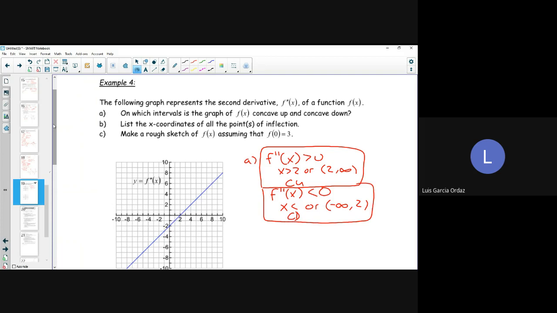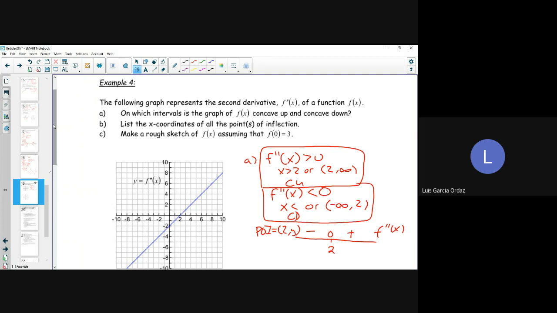And because I have a root at 2, that means I have a point of inflection in my original function when x is equal to 2 at some specific y value. My point of inflection based off this graph is at my roots, which is going to be at 2 and some random y value.